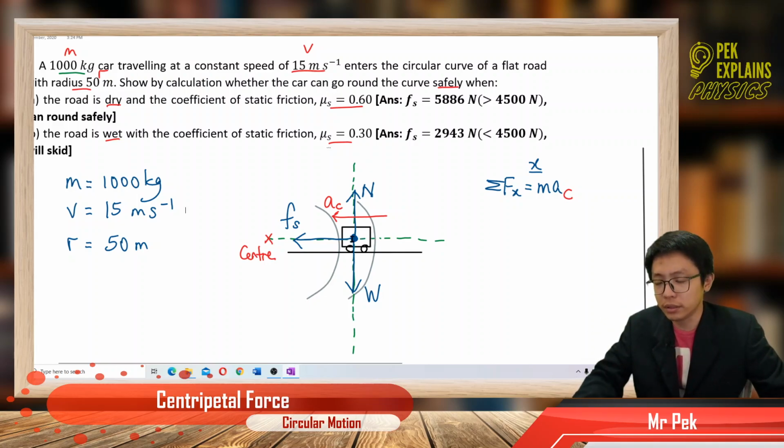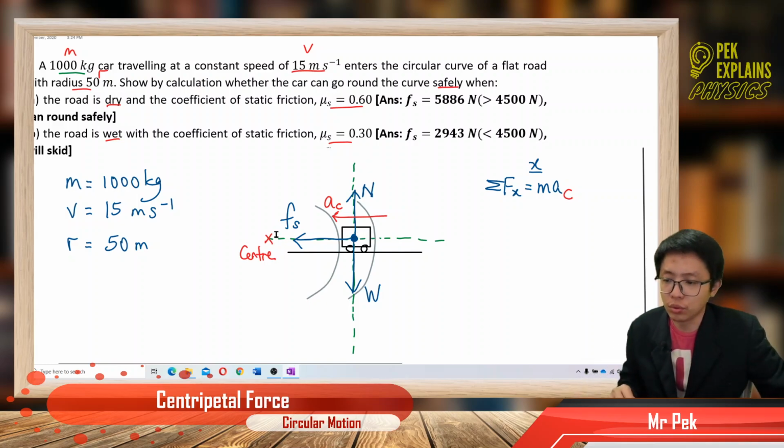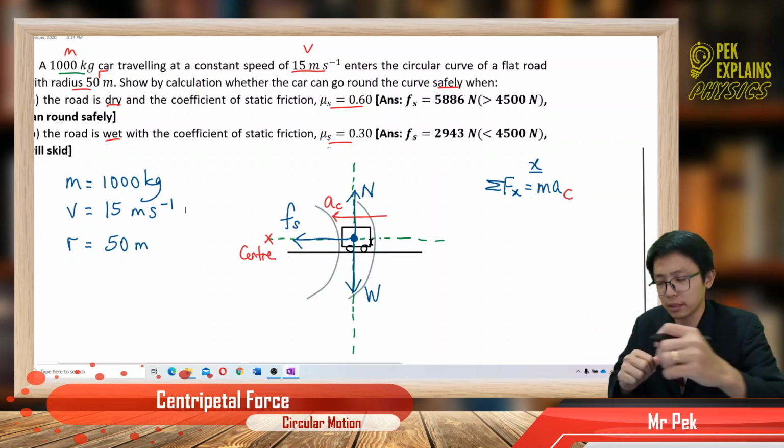Okay. So on the car, it has the weight downward, it has the normal force upward, perpendicular to the surface, and the friction is towards the center of the circle. Okay, why towards the center of the circle? Friction is towards the center because you want to prevent the car from going out of the circle, because it's making a turn.